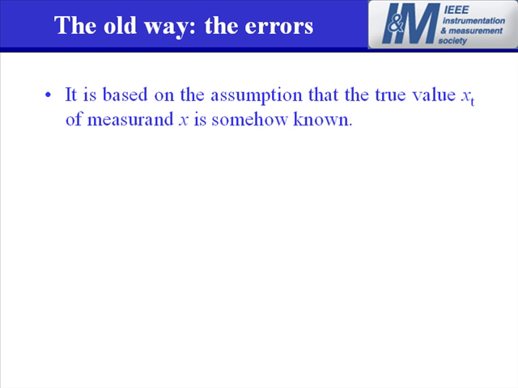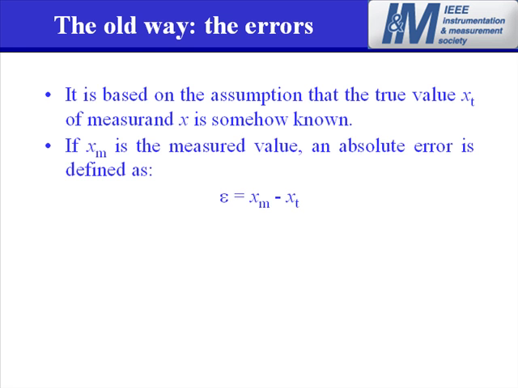In the past, and let me add that it's a recent past, this interval was defined according to the error theory. This theory is based on the assumption that the true value xt of the measurement is somehow known. Then, if xm is the measurement result, the absolute error is defined according to this relationship here.